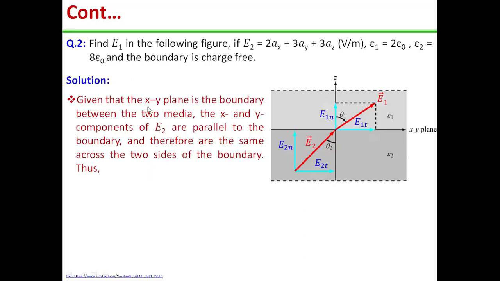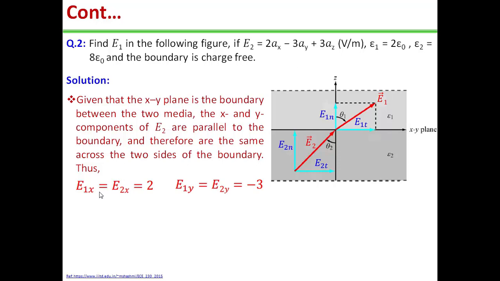Given that the xy plane is the boundary between the two media, the x and y components of E2 are parallel to the boundary, and therefore the same across the two sides of the boundary. Thus we can write E1x is equal to E2x, and this is equal to 2, because we know that if there is no charge distribution, the tangential component of electric field will be continuous at the boundary.